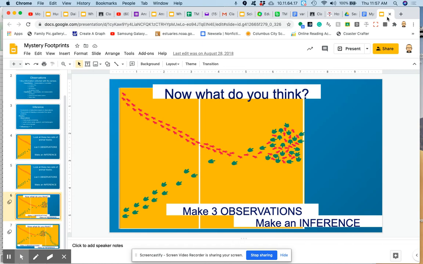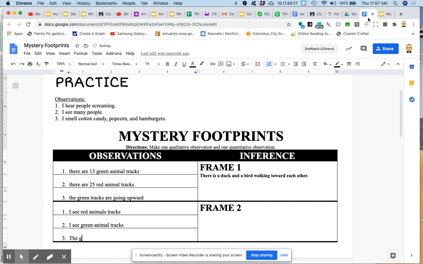The green and red animal tracks are mixed. Now, notice how I'm formatting. Some of you don't do that. I'm just changing my font size. Okay.